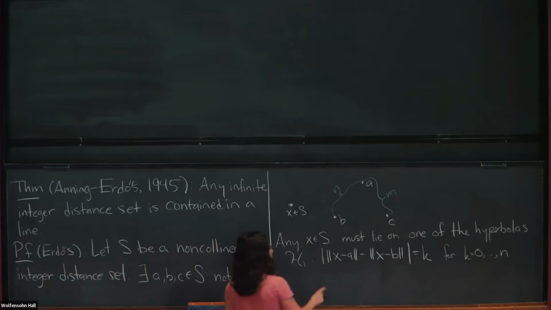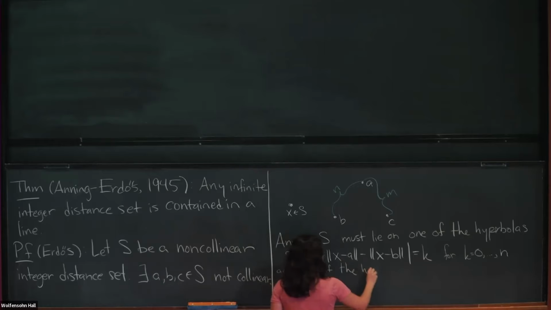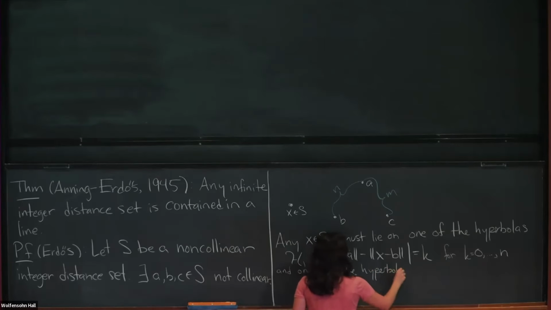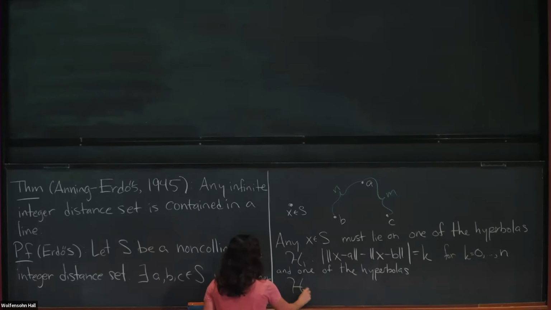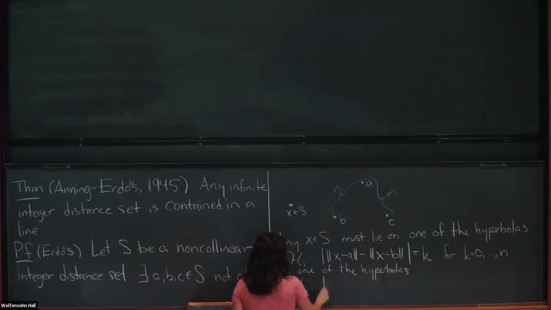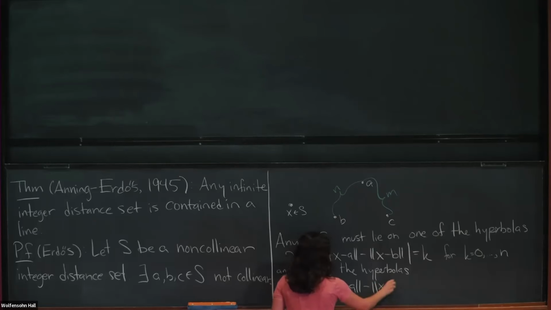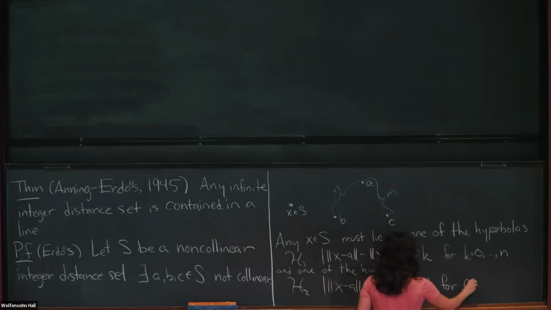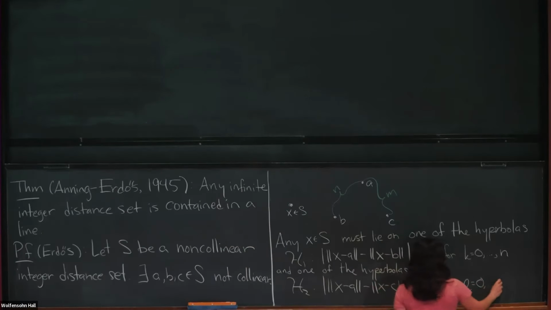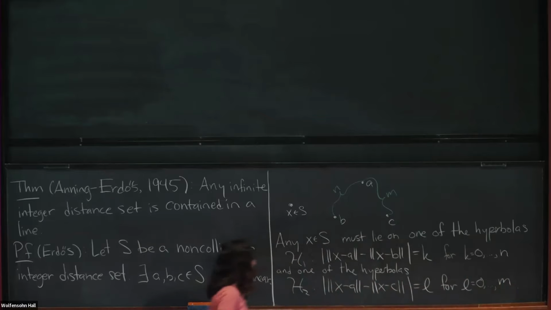And then similarly, x must lie on one of the hyperbolas now with foci A and C instead of A and B. We'll call this family H2, where the difference equals l, and l goes from 0 up to m.